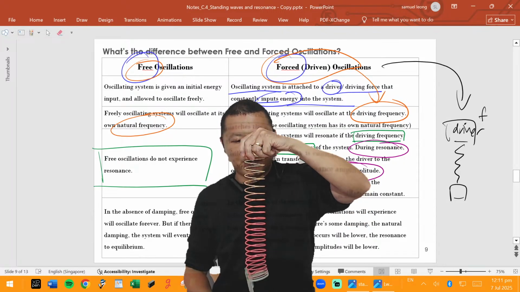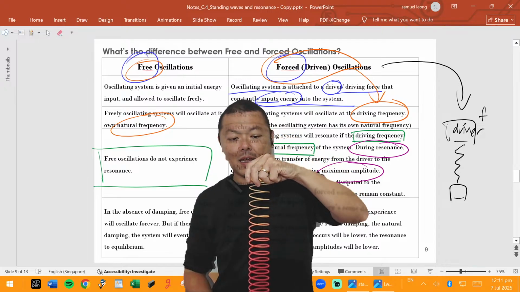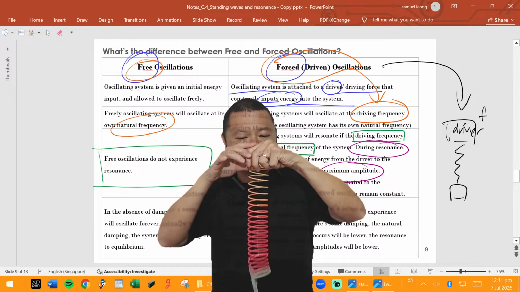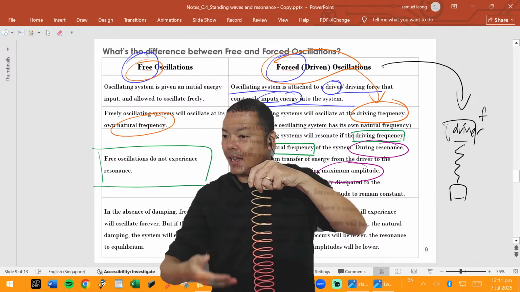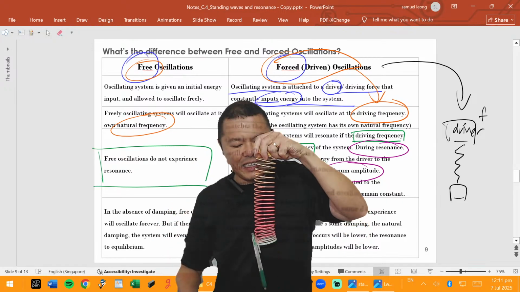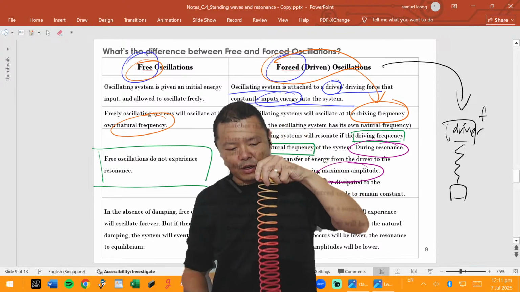I'll start off with a slow frequency like this. It's supposed to be fixed up, but I have to move it up and down a little bit to give it energy. So is the system oscillating with my hand at the same frequency? It is. Do you think it looks like it's resonating? I don't think it looks very resonating now.